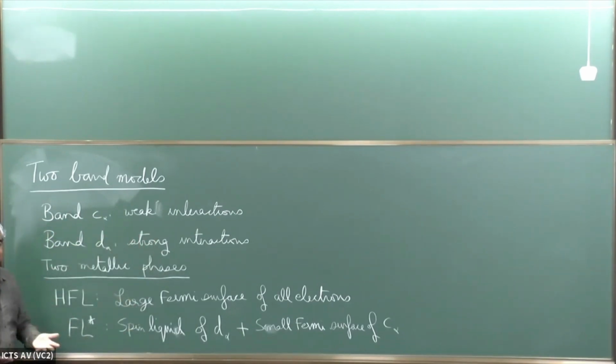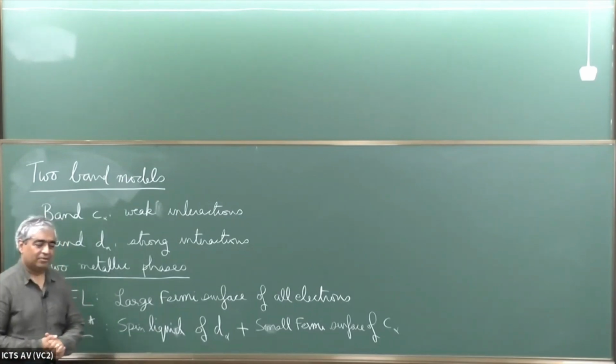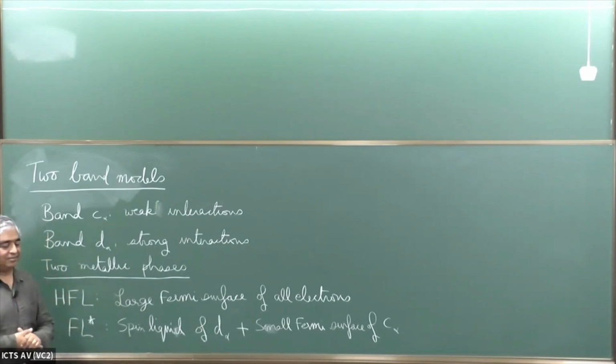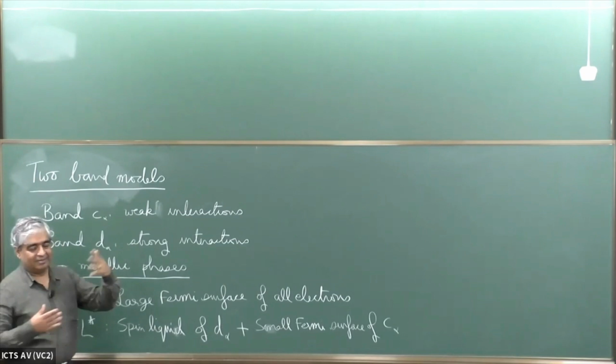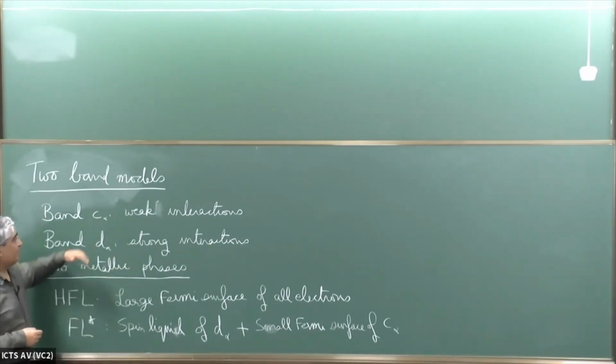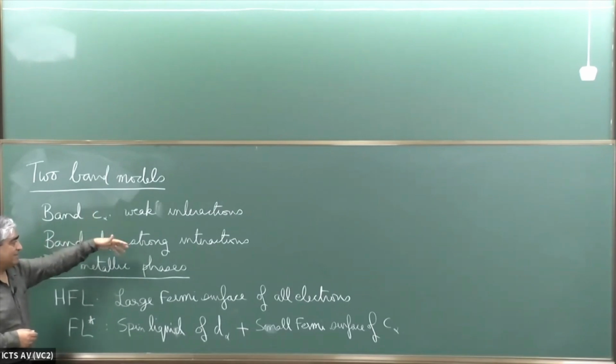This is a very common situation in certain intermetallic compounds, where there are two different ions contributing conduction electrons that move around. One of which is a D or F band metal, and the other is a lighter metal. The lighter metals tend to have weak interactions, and the D and F bands tend to have strong interactions.